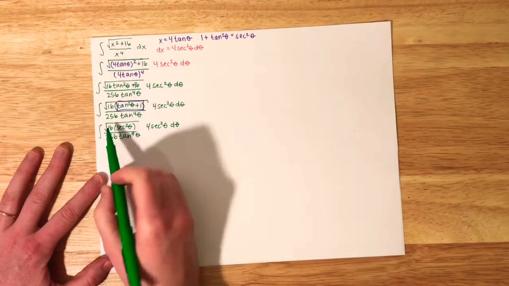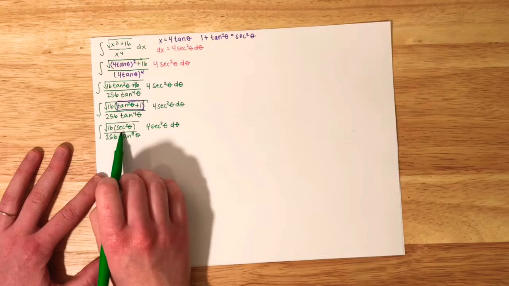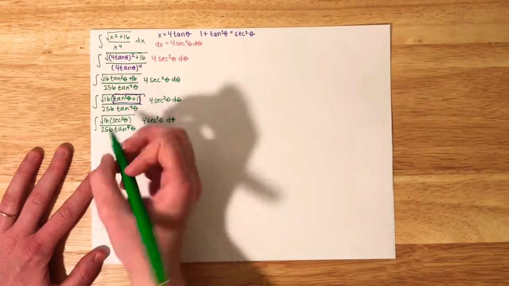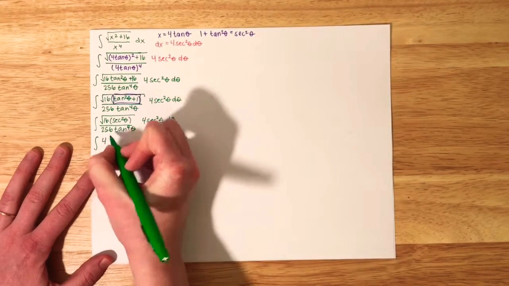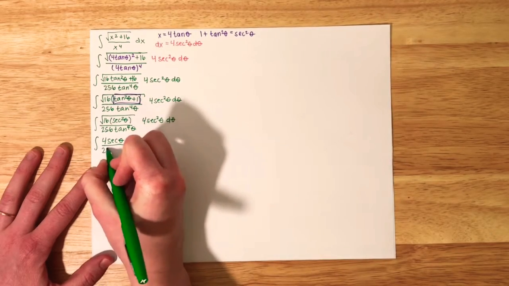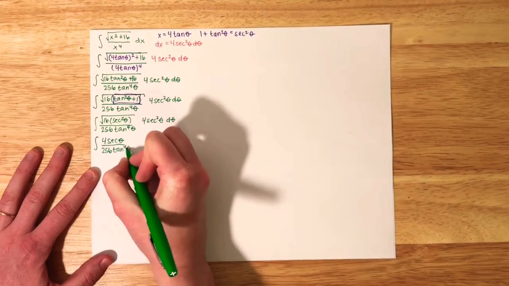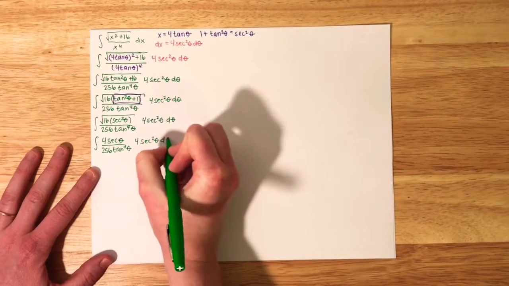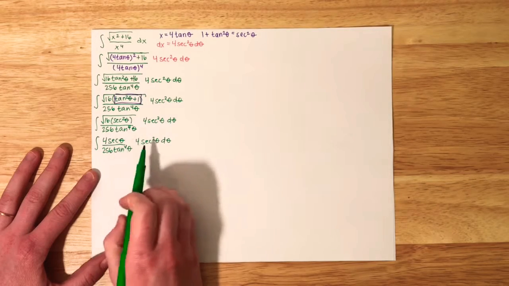All right, so can you see how nice this makes this radical? Because we have a perfect square, we're able to simplify this even more. So we have the indefinite integral of 4 secant theta over 256 tangent to the fourth theta times 4 secant squared theta d theta. Now what we can do is combine these secant factors.